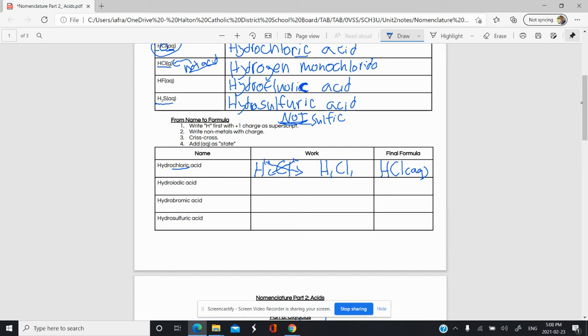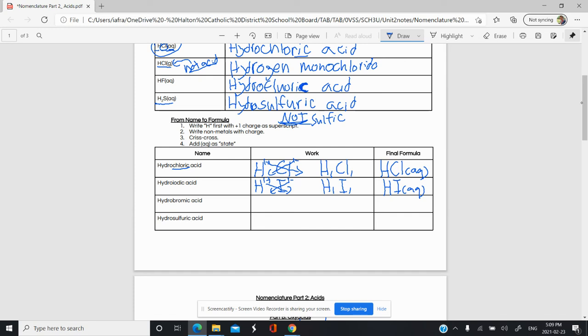Here we have hydroiodic acid. So hydro, we know it's binary, so H 1 plus, only going to be an iodine here from iodic there, 1 minus, crisscross, and we get H1, I1, H, I, AQ.